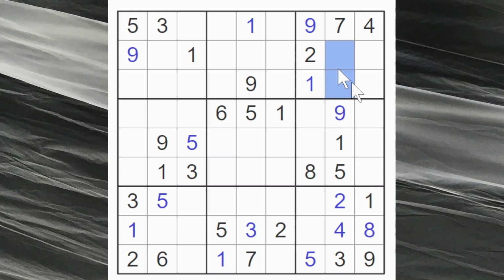These 2 squares now must be a 6 and an 8. And therefore these 2 squares have to be a 3 and a 5. We know what these squares have to be because we know that these 2 squares have to be a 7 and a 6. And therefore these must be a 4 and a 3. Making these a 2, 6 and a 7.